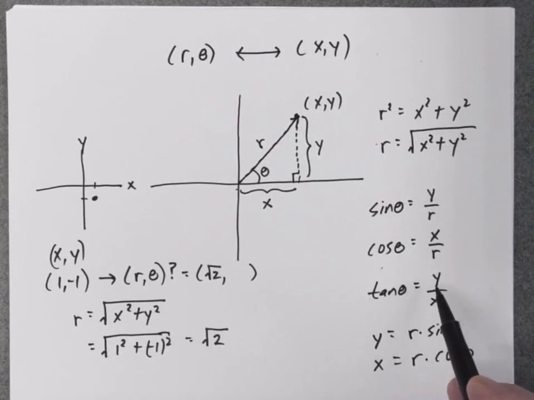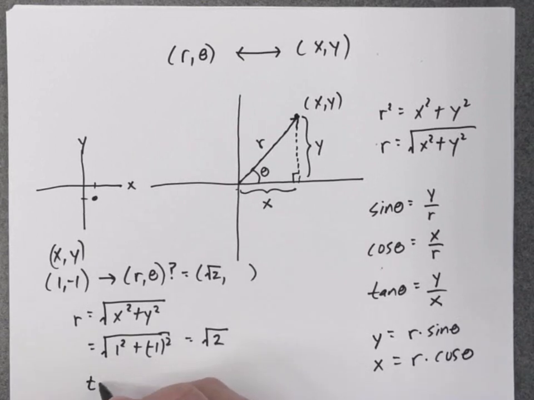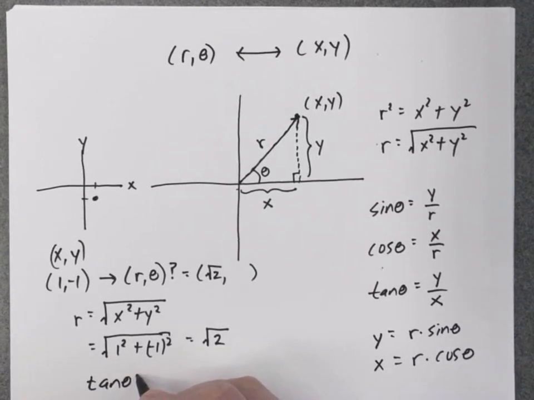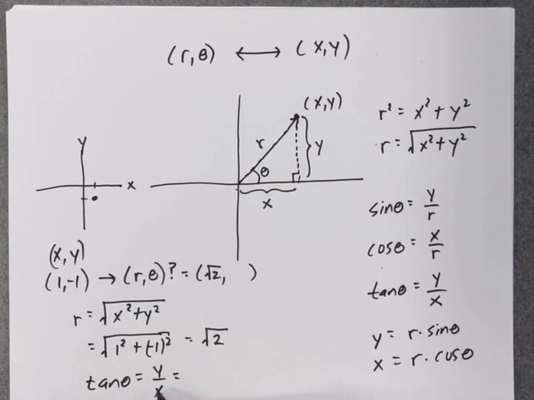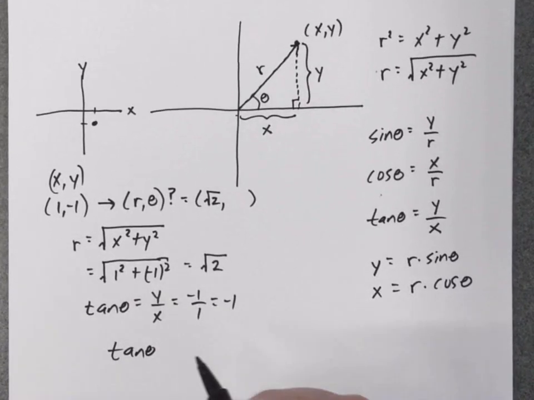Tangent of theta equals y over x. I plug in my values for y and x. Y is -1, x is 1. What I'm really saying is the tangent of theta equals -1.